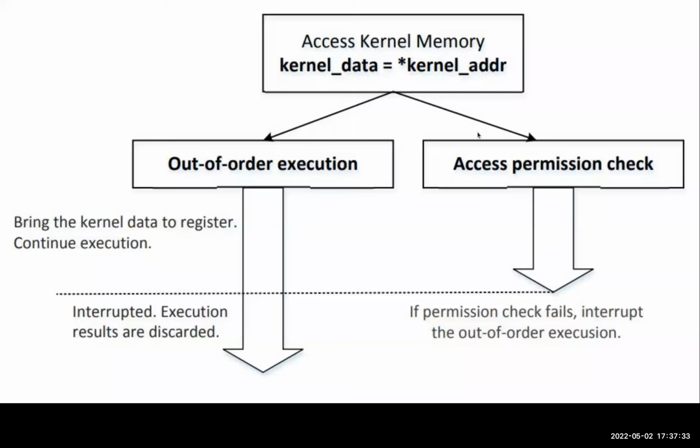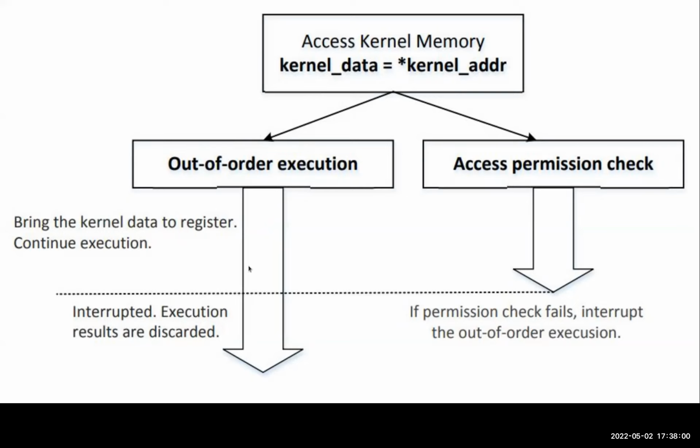This step is quite slow because it has to check the page table, which is in memory. At the same time, the CPU wants to speed things up, so it uses out of order execution to bring the data from the kernel to the register and keep executing.